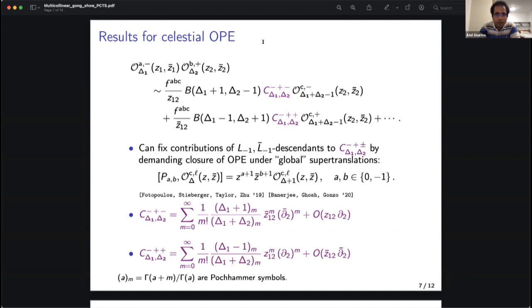Demanding that the OPE be closed under these global translations, you can fix the OPE, and using the seed OPE at the leading order, which is just the beta functions, as boundary conditions, you get recursion relations that allow you to fix the OPE coefficients of conformal descendants. I'm not going to need the OPE coefficients of mixed conformal descendants because they end up dropping out. I'm only going to use these, so I have a test of at least these OPE coefficients, that's why I flashed them here.